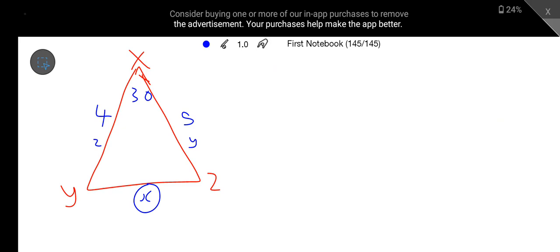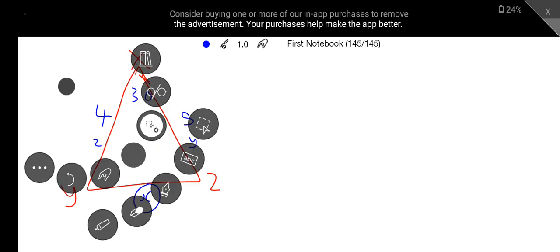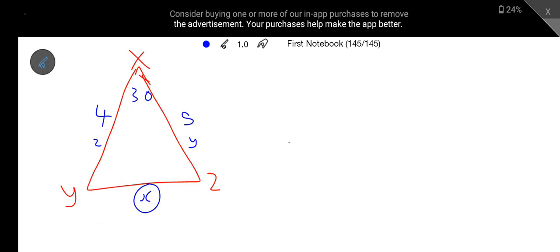Then let's use the cosine rule. Because we are given angle X, our formula will start with x squared, and it is equal to the two sides which are beside angle X, y and z.